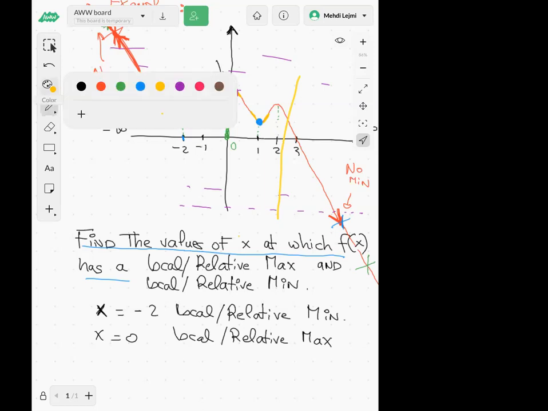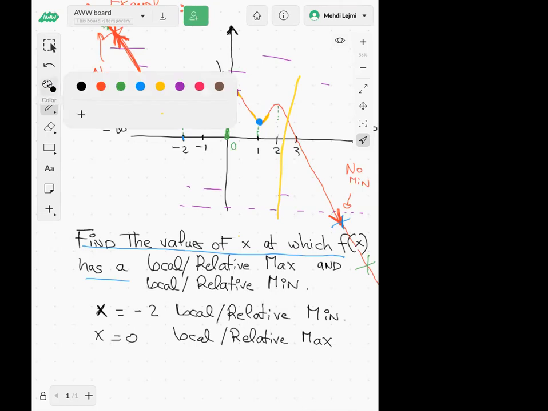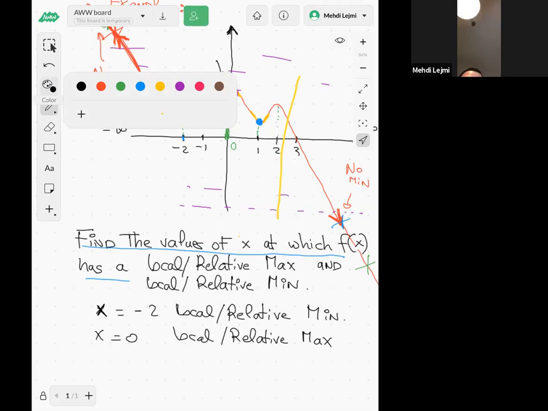Sorry for interrupting you, Professor. How do we determine our neighborhood? Just take a neighborhood of the point itself. Is the neighborhood given? No, it's not given. But the idea is you have to look for something which has the shape of a parabola.